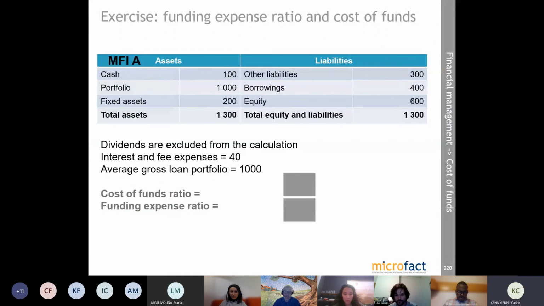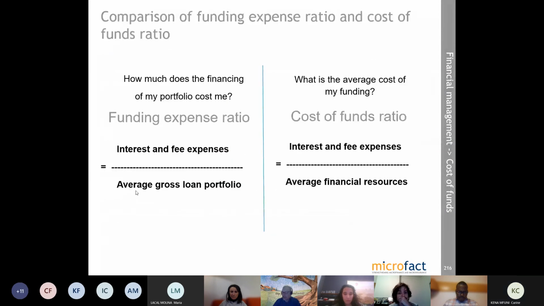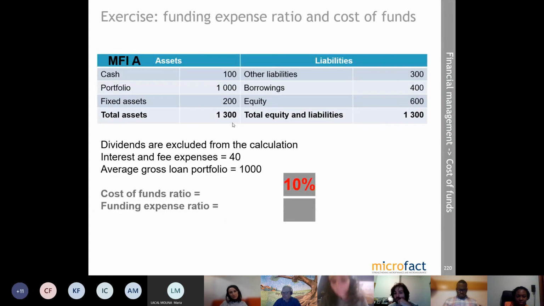Now if you go back to the definition, you take the average gross loan portfolio, that's 1,000, or the average financial resources where you pay your interest and fees on. So here, indeed, the cost of funds ratio: you have your borrowings of 400, because that's the liability that you are paying for.